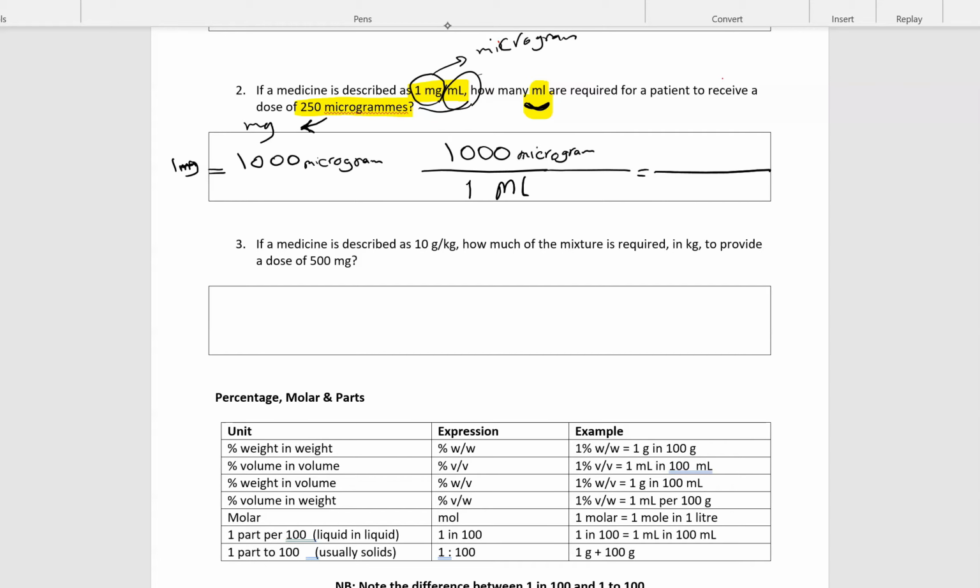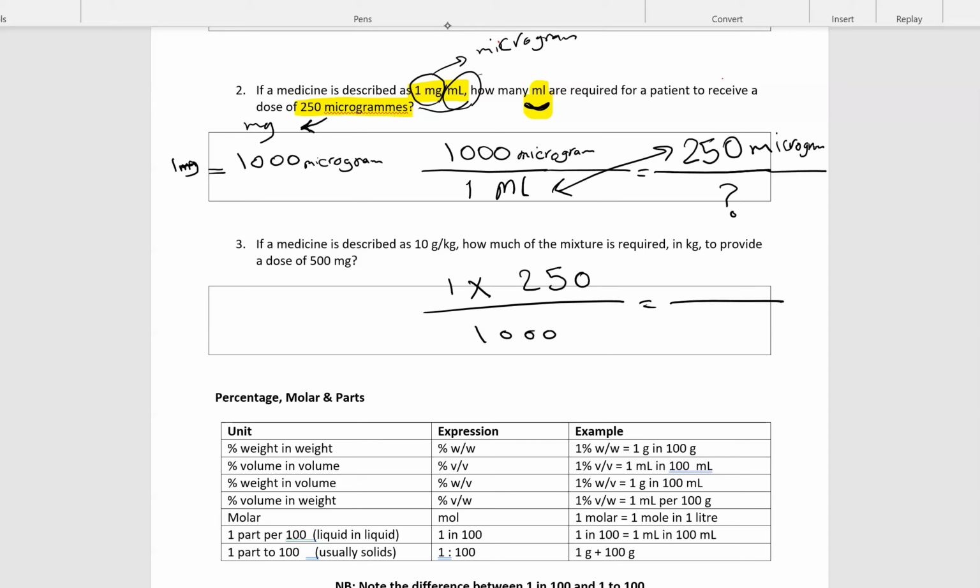So you do 1 times 250, and then divided by 1000.